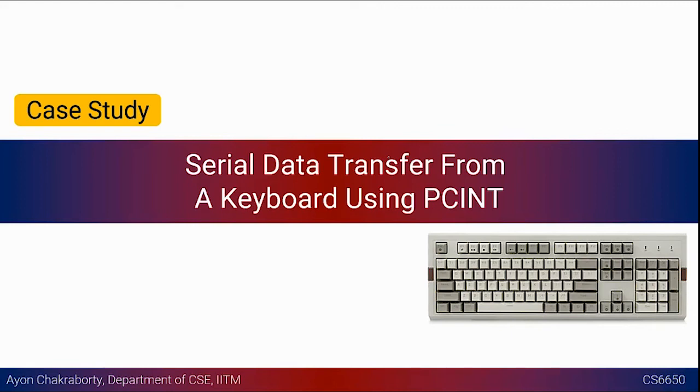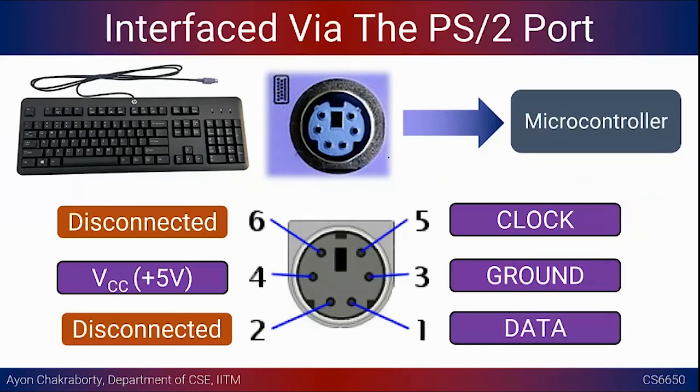This is a pretty common keyboard that we used to see earlier, right? This is known as the PS2 port, and it has 6 pins that go into the microcontroller.